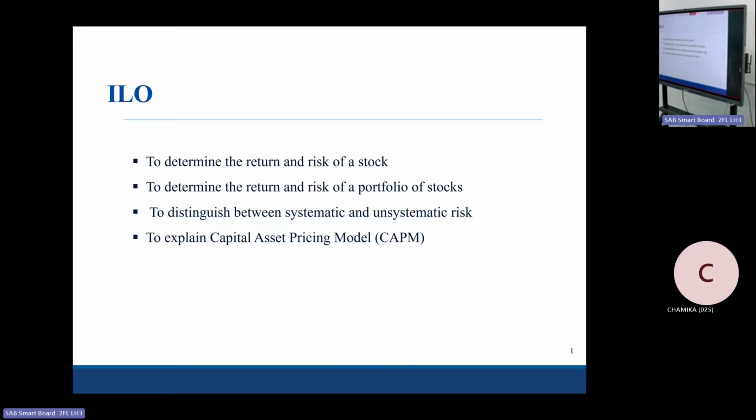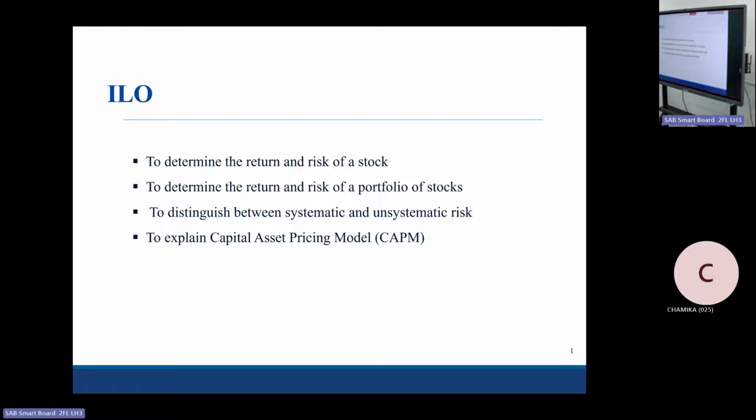Ultimately, at the end, you will realize this risk premium is applicable only to systematic risk. When we say total risk, it consists of unsystematic risk and systematic risk. Unsystematic risk you can totally diversify away by constructing a well-diversified portfolio.